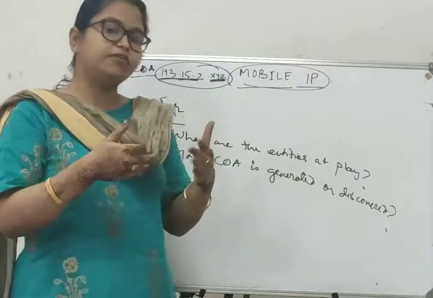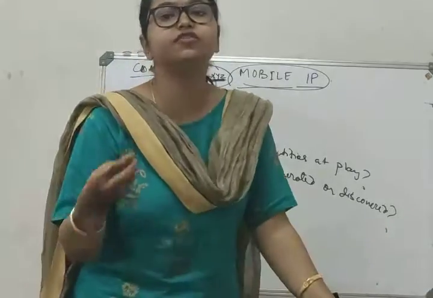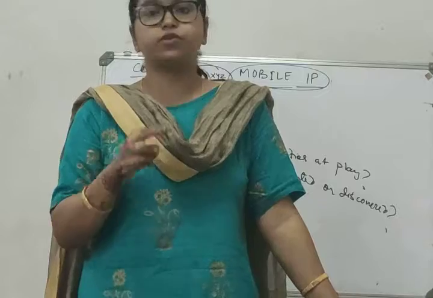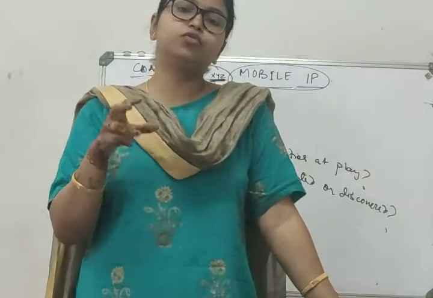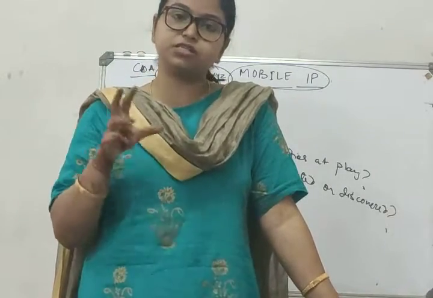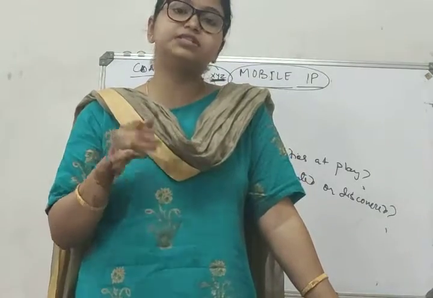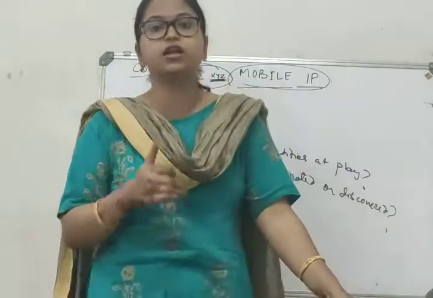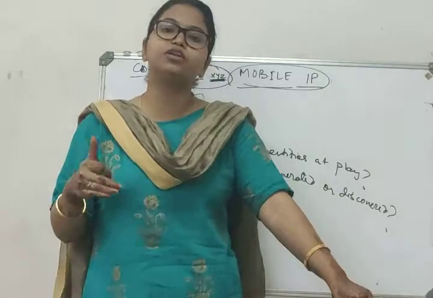With mobile IP, even though we are moving, we can achieve communication through two types of addresses. Although we have the static IP address which gives us our home location address, we may not always be present in our home location, because a mobile node is meant to be mobile.